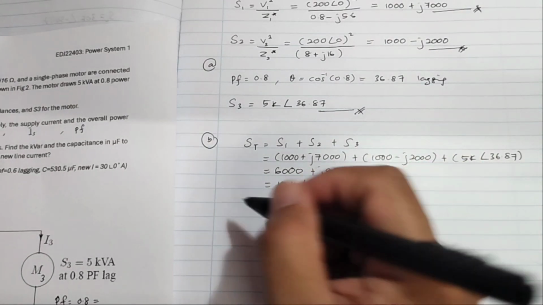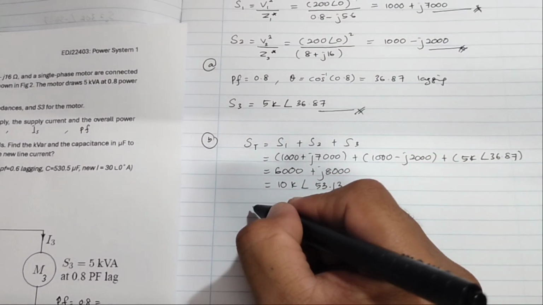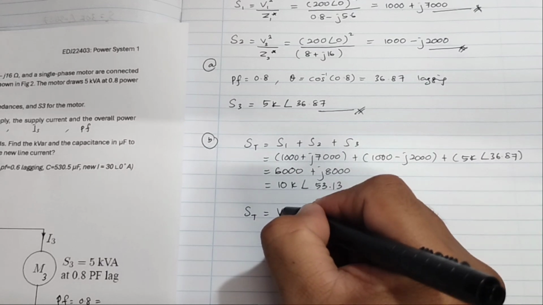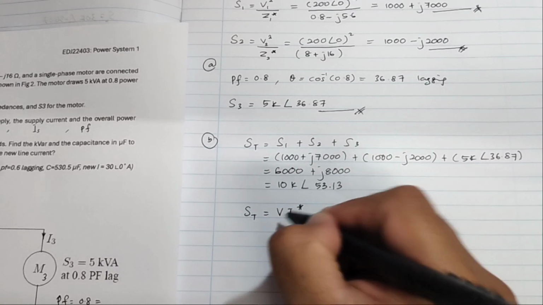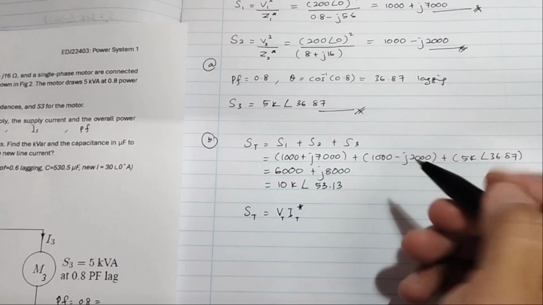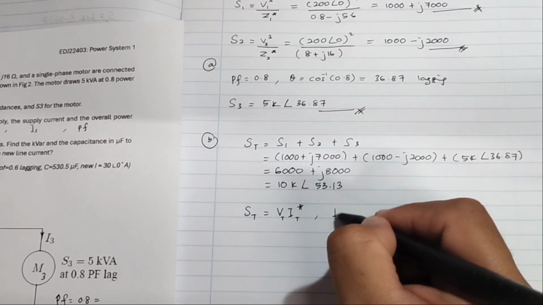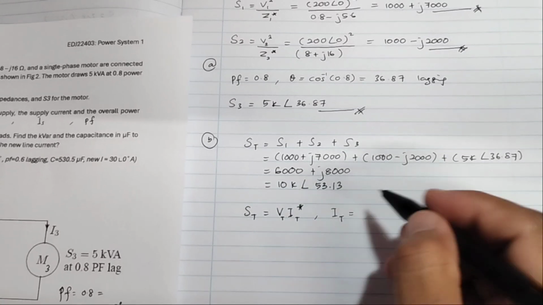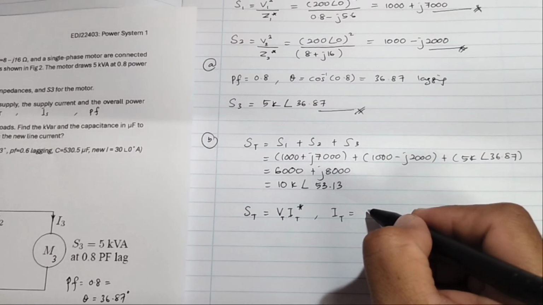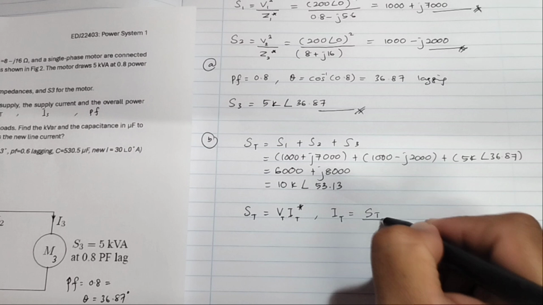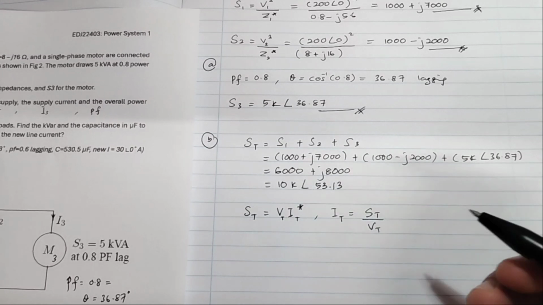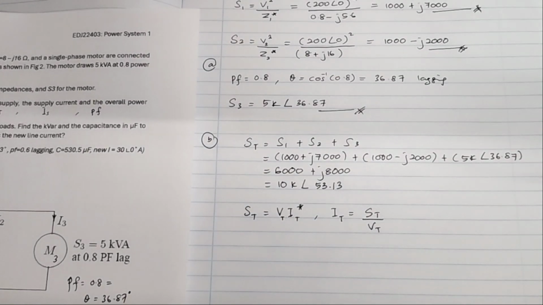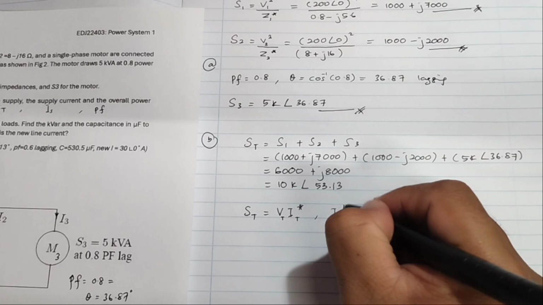So I pula, IT macam mana? Using formula ST is equal to VI conjugate. Ni VT IT lah. So I akan dapat IT, actually I total lah, ataupun I supply. Terdapat ST divided by VT, this one is I conjugate.